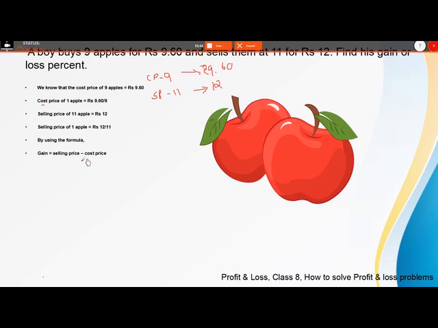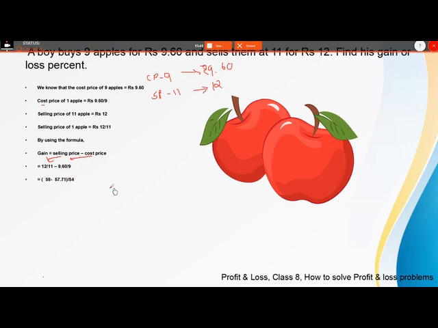What is the selling price minus cost price? So what is the selling price? The selling price is 12 upon 11, sorry. So this is the selling price and this is the cost price. He sold it for 12 upon 11 and the cost price is 9.60 upon 9.